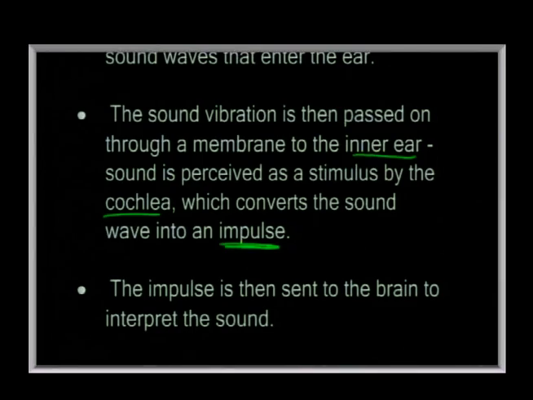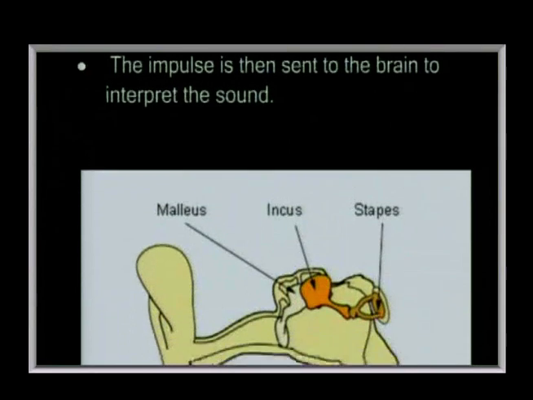Those receptors convert the stimulus into an impulse, and the impulse is then sent to the brain. And the brain says, that tastes good, or it tastes salty, sweet. I can hear a big noise. I can hear nice music. All of that is converted into an impulse by receptors and then sent to the brain to interpret. The impulse is then interpreted as sound, and we then know what's going on.